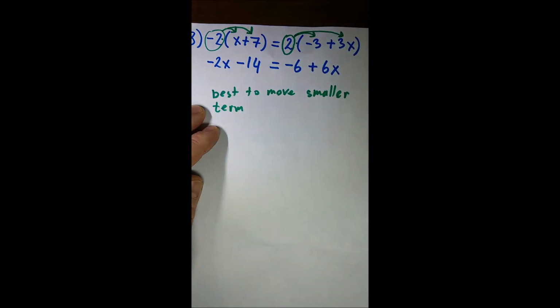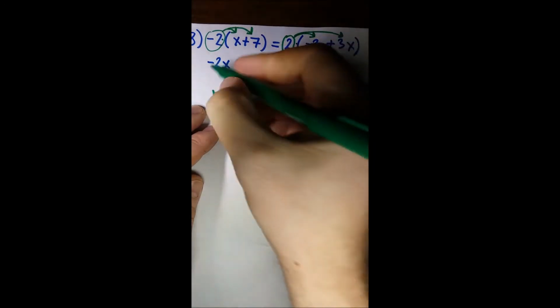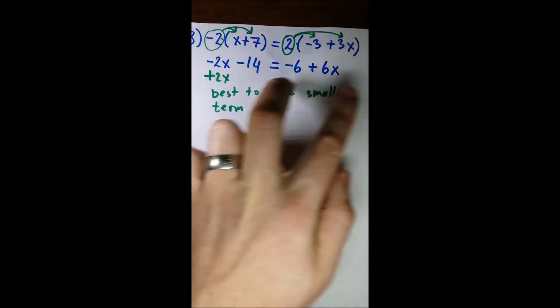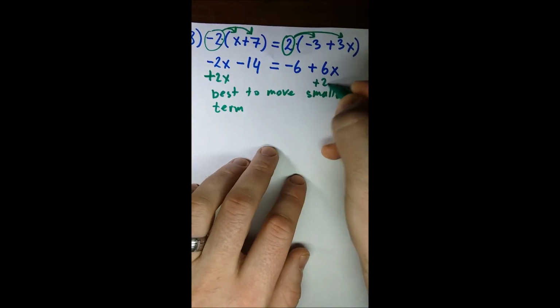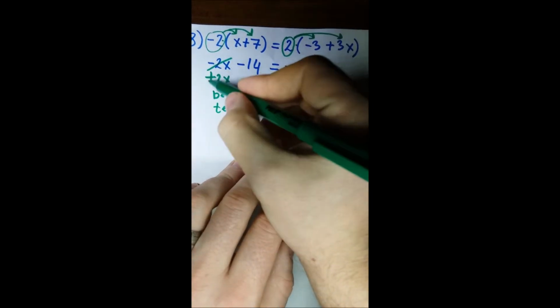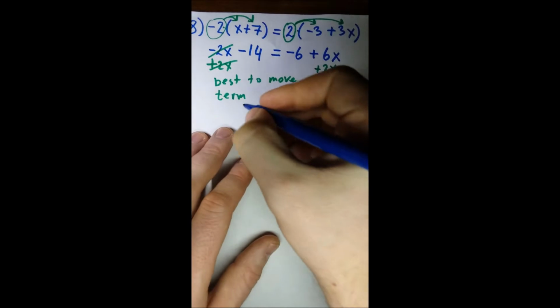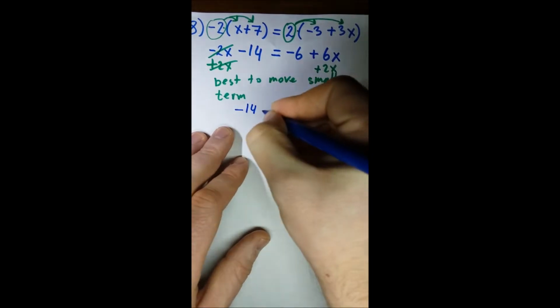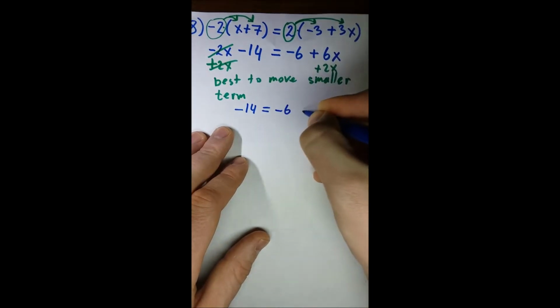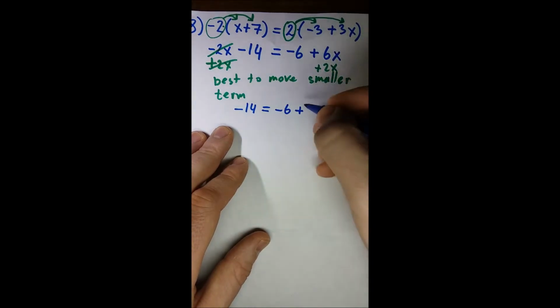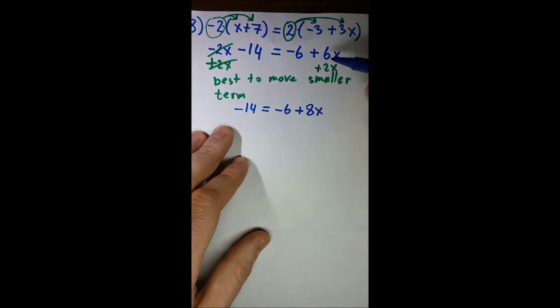So this is a smaller one. To undo the negative 2x, you've got to add 2x to both sides. Here's the left side, there's the right side. So we're going to do plus 2x. What that does is these two are canceled, and I'm going to do it step by step here, okay? So it's negative 14 equals negative 6 plus, and look at here, 6x plus 2x is 8x. Think about it as $6 plus $2 is $8.